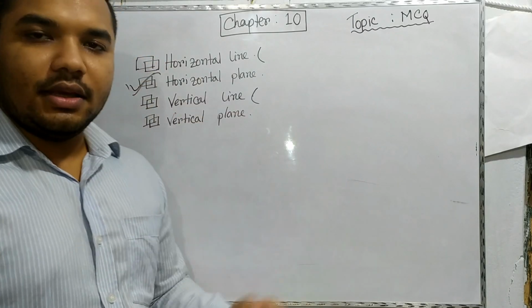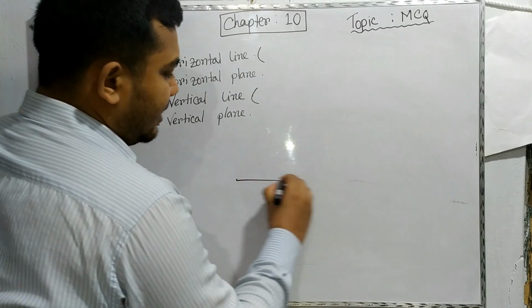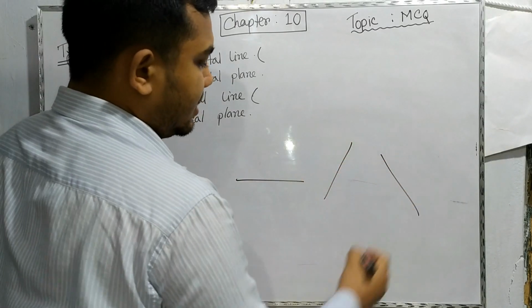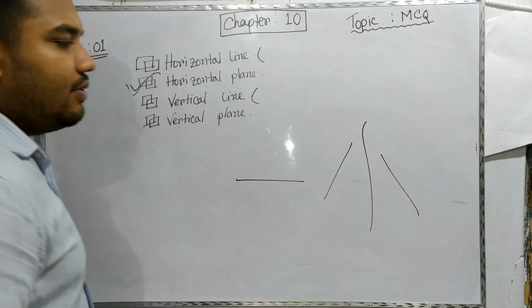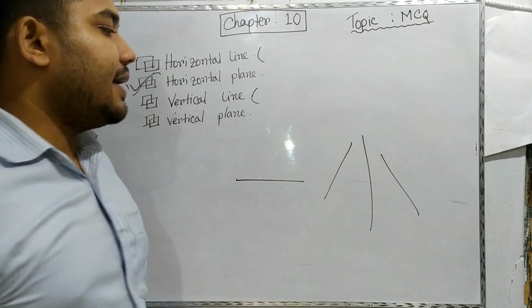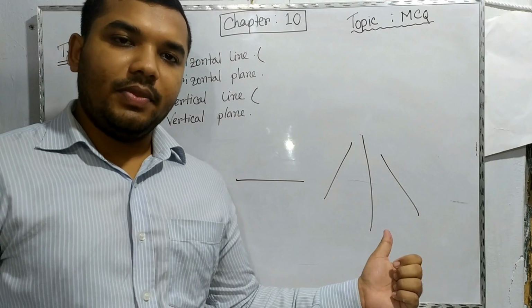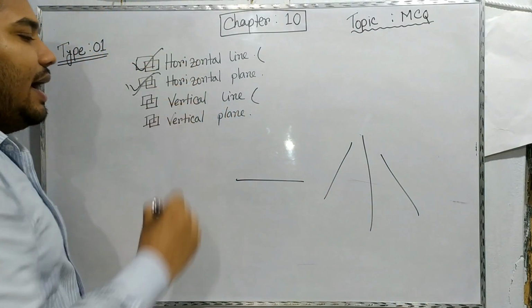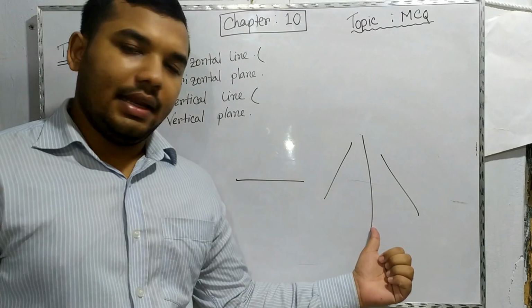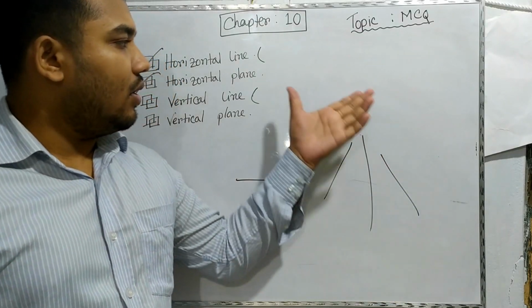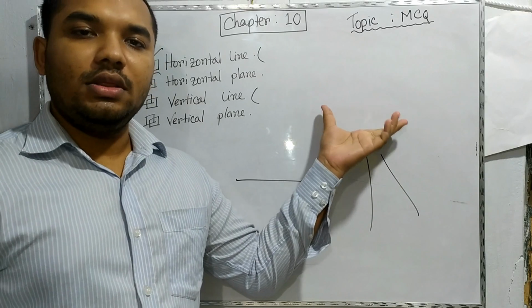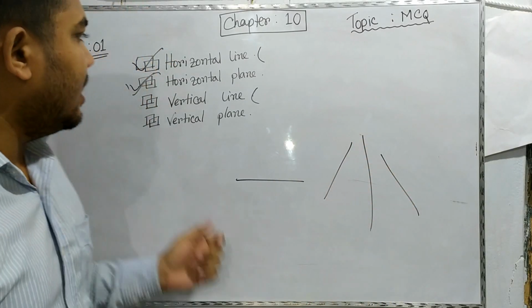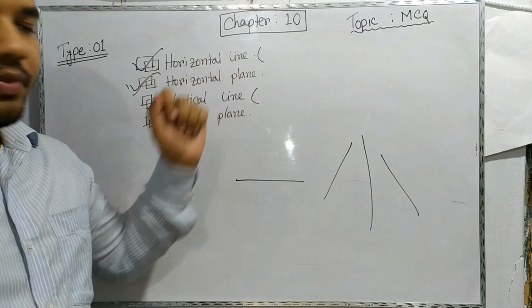In this plane, if we draw a line like this, or this, or this, or any line can be drawn in here, it is generally known as the horizontal line. So a line drawn on the plane, or on the horizontal plane, is generally known as the horizontal line.